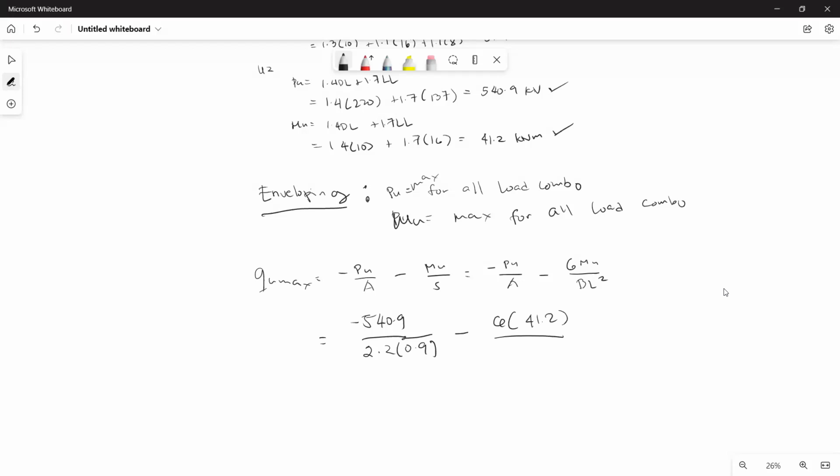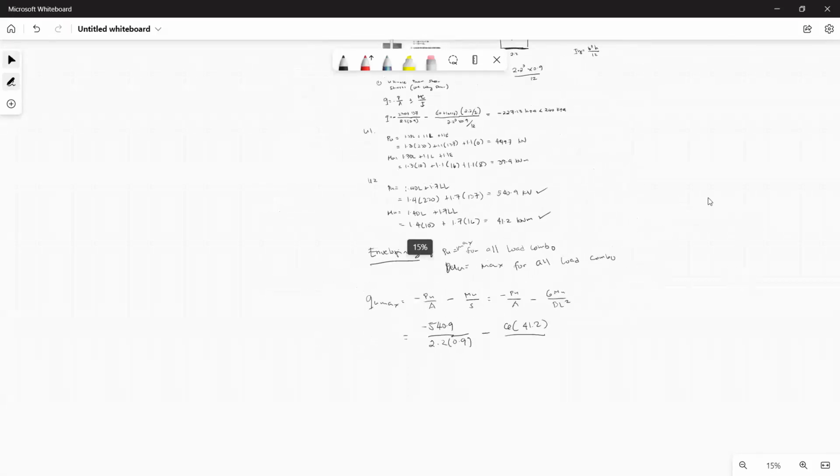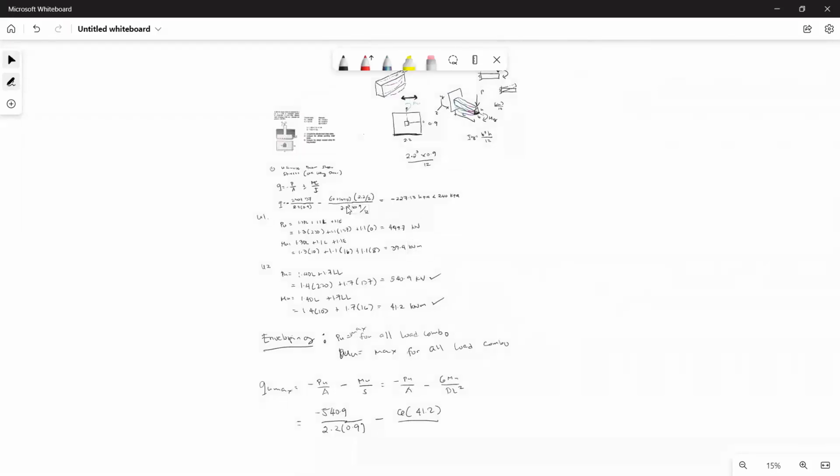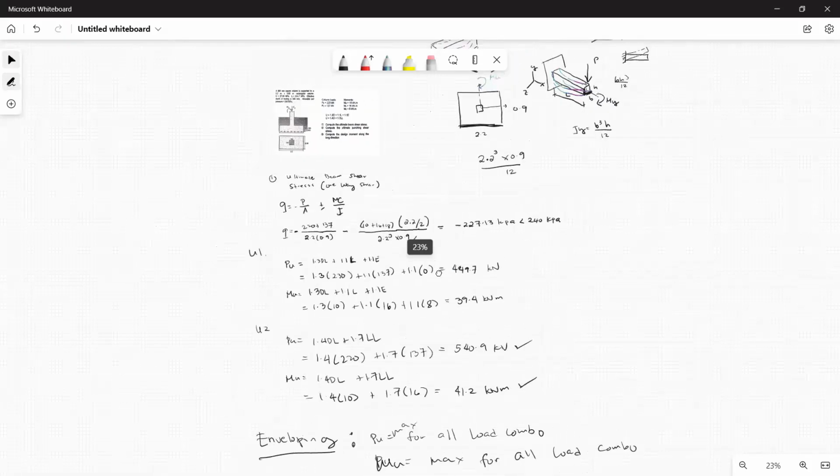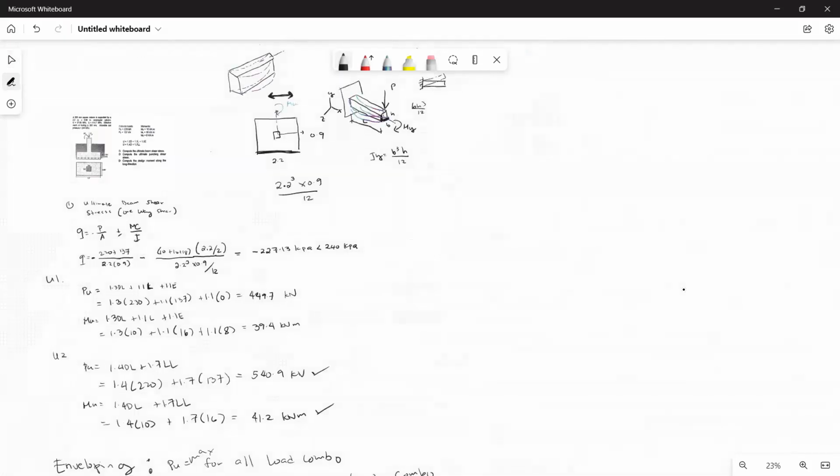The question is, which dimension gets squared? Like what we did earlier, with D over 2, this is MC over I, and the other is BD cube over 12. When you simplify, the D cancels, becoming squared, and 12 over 2 becomes 6. Therefore 6M over BD squared.